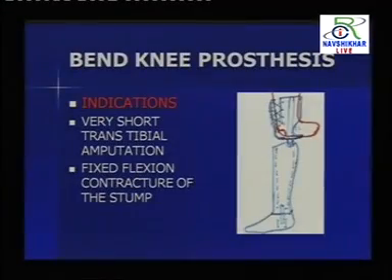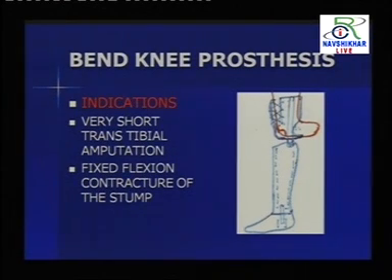See, this is the case of a very short below knee amputation. This is the below knee stump, which is very short. So what do we do? The knee is being bent. In a very short transtibial or below knee amputation, there is loss of a lot of muscles.